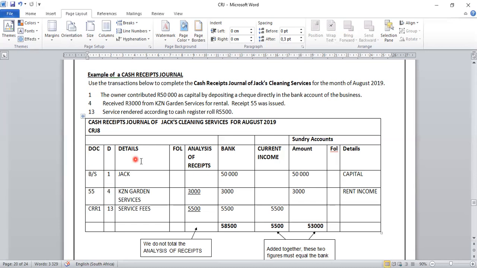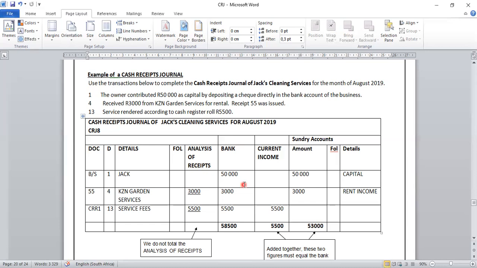Then details will be the name of the owner, which is Jack. Our folio column, we are not going to fill for now. Analysis of receipts, we are also not going to fill, because the money was paid directly to the bank. It was not paid in the business, so it will be reflecting in our bank column.